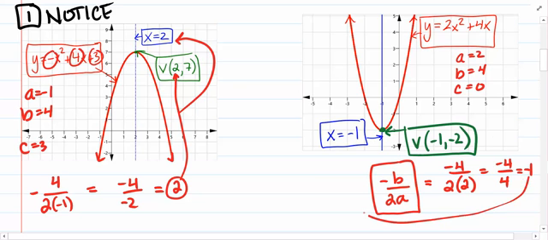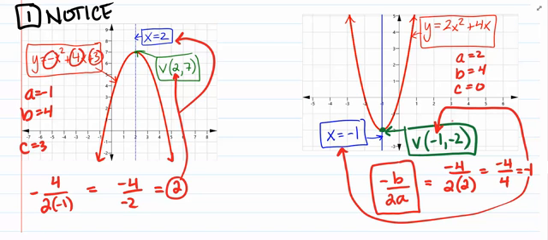And notice the equation for the axis of symmetry is x equals -1, and notice that the x-coordinate of the vertex is also -1. That's a lot to take in, but this is going somewhere, so just stay with me for a little bit longer.